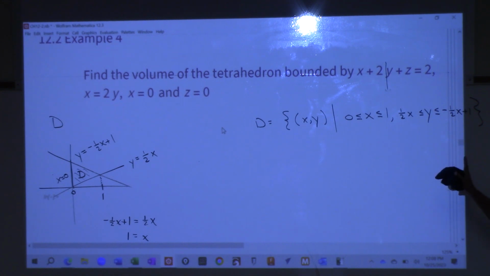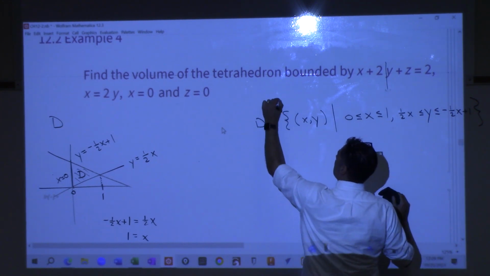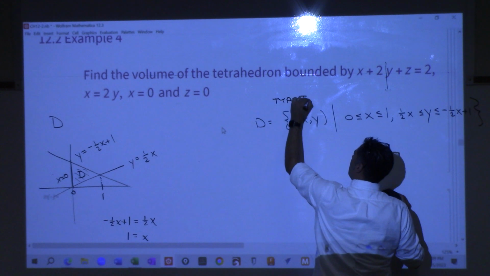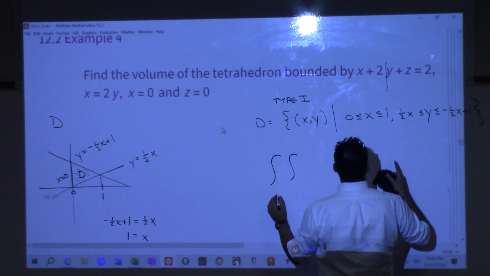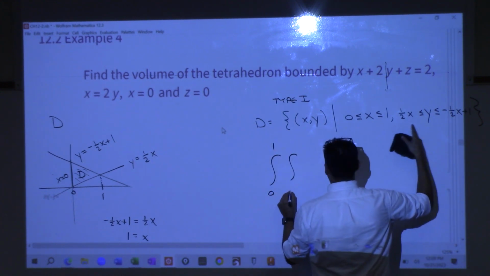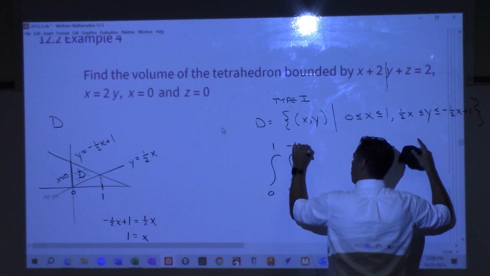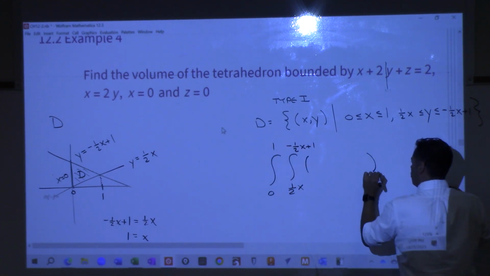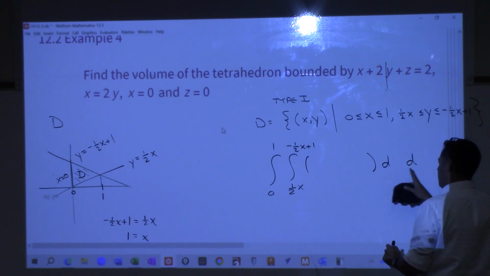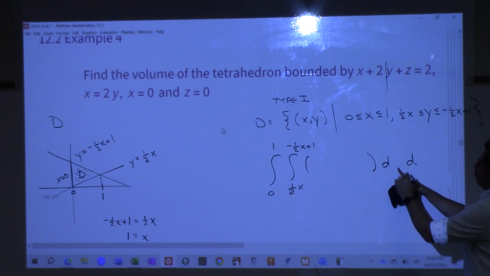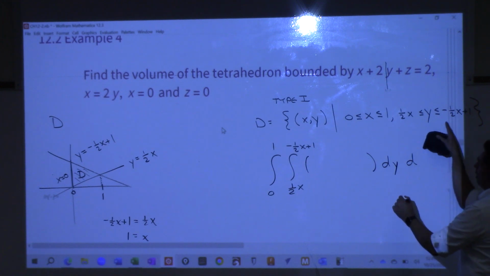So this is type 1, right? And so I know my integral is going to go from 0 to 1, and then 1/2 x to negative 1/2 x plus 1, and then some function, d what first? dy, because that's a restriction on my y, and then dx.